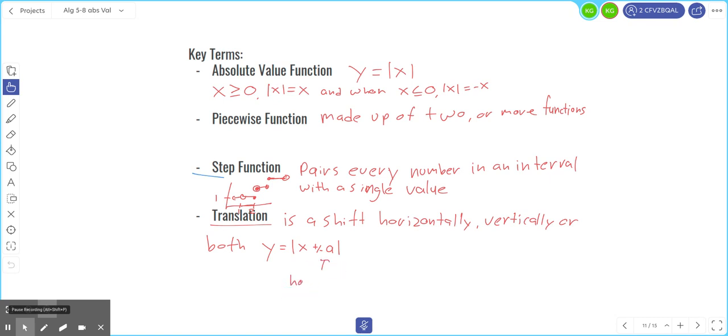And that was the kind of counterintuitive one. And this is going to come back because we're going to learn to translate all the different functions. So this is something you can't forget. It's not something that applies just to absolute value.